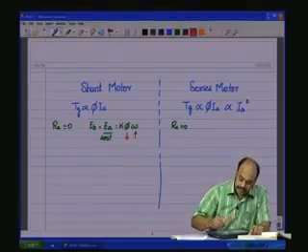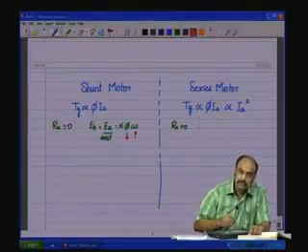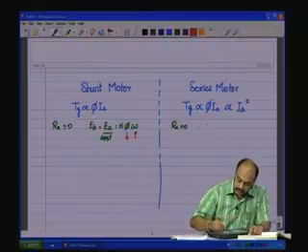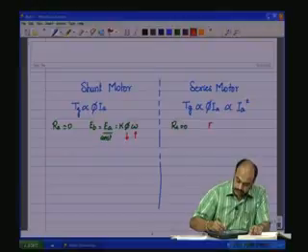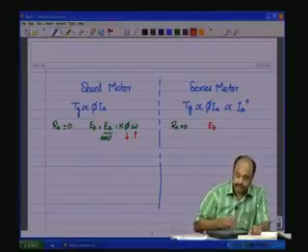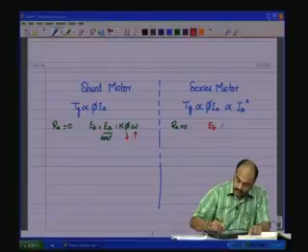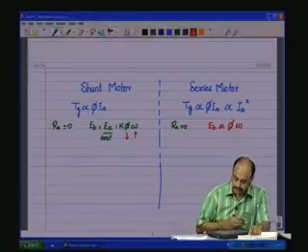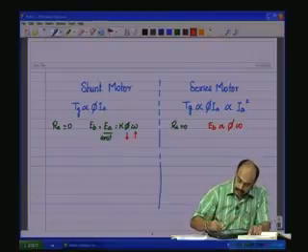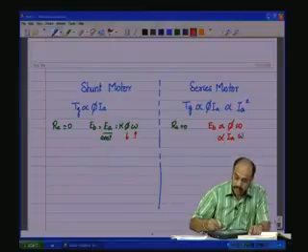In the case of the series motor, the back EMF Eb is proportional to phi and omega, and as phi is proportional to Ia, Eb is proportional to Ia and omega.